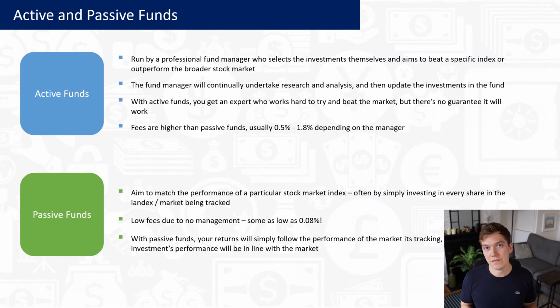So active and passive funds do both have their pros and cons. The main pros of a passive fund being that you have lower fees and it will just track in line with the market. And the main pros of an active fund is that you've got an active fund manager that can outperform the market, possibly, but not guaranteed. And they can give you downside protection in a recession.